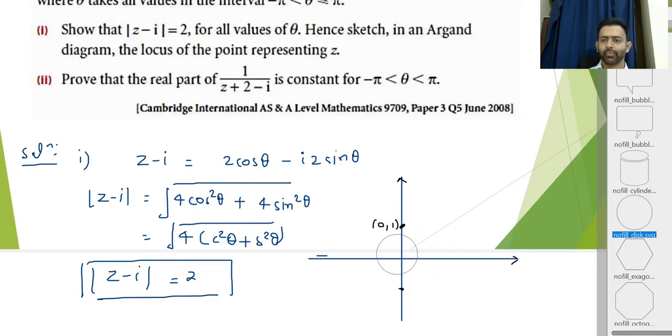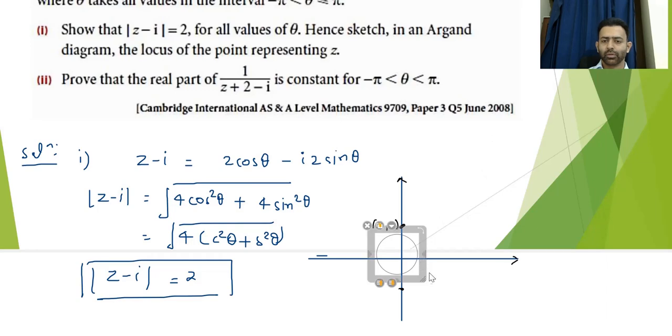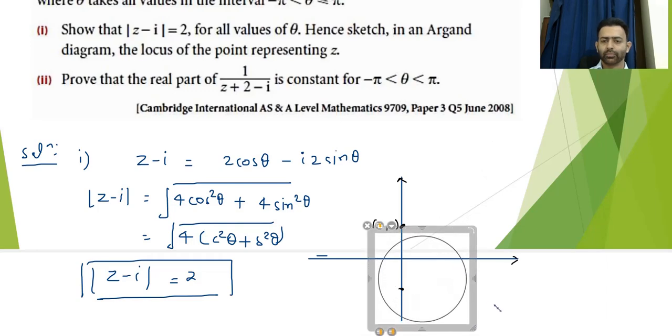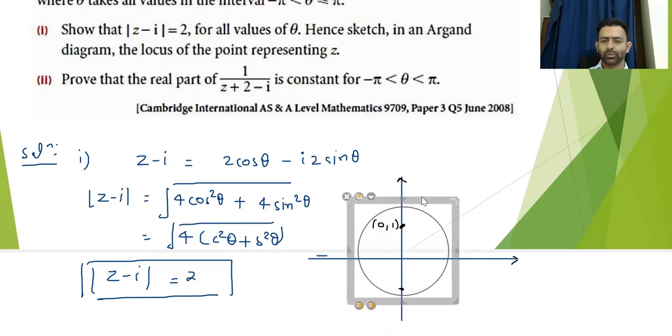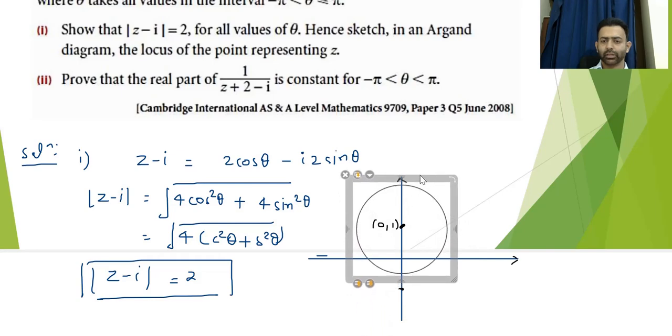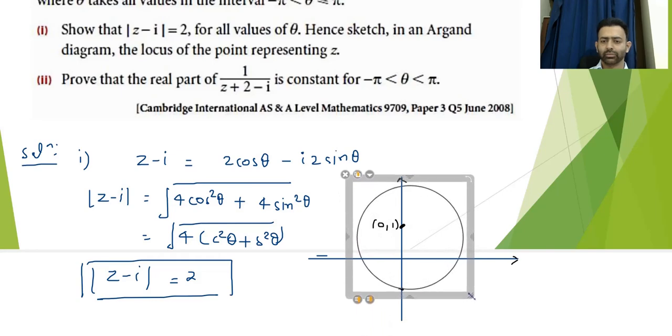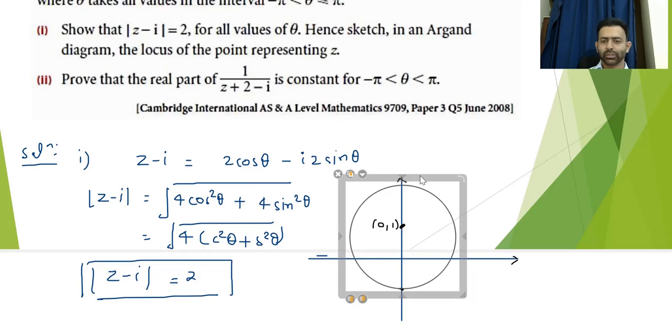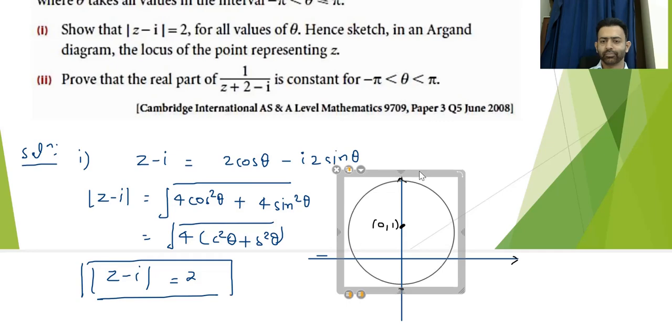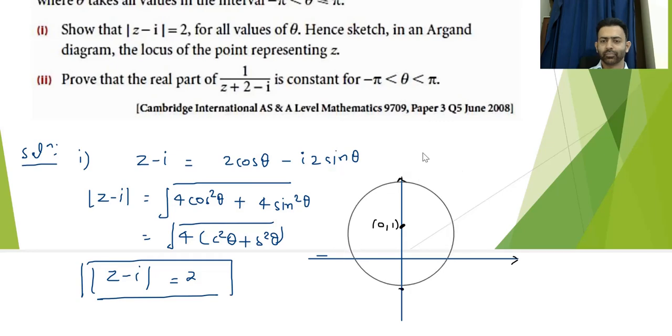So this has to be the center, and this has to be the radius, roughly.